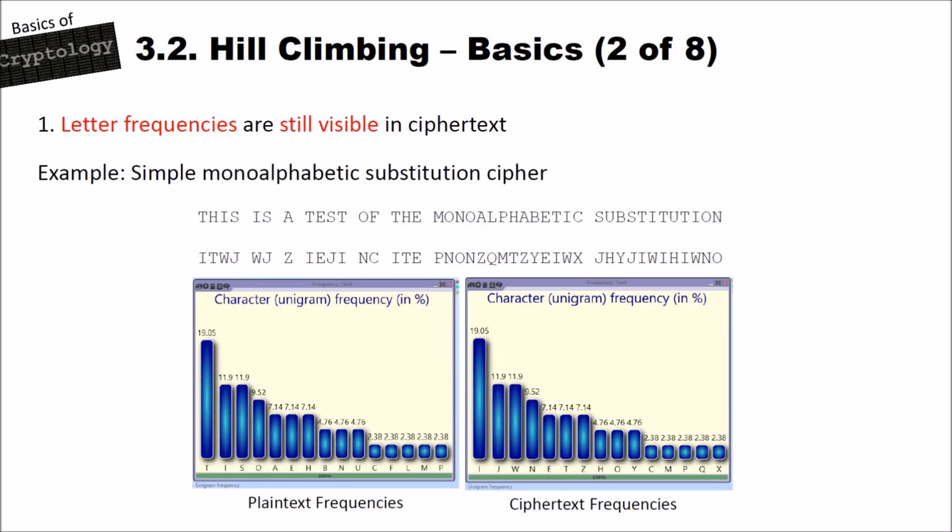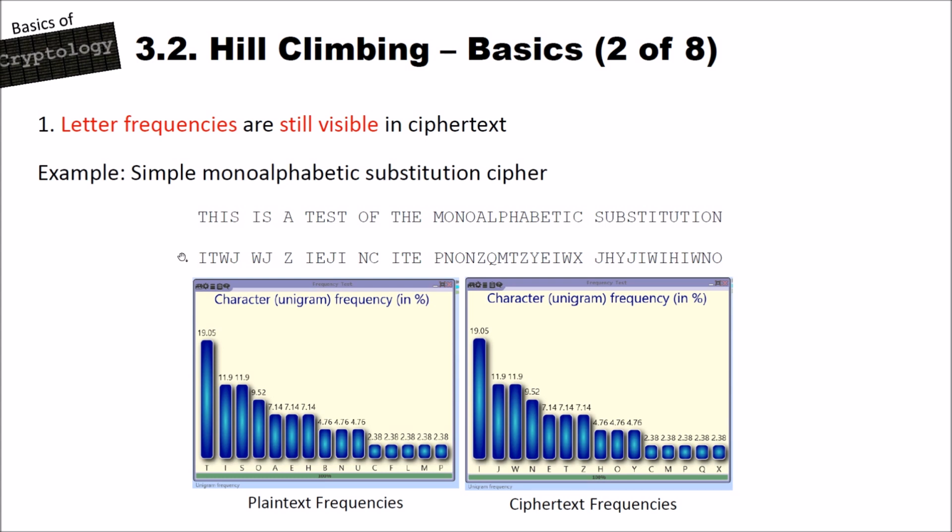So let's come to the first vulnerability, that letter frequencies are still visible in the ciphertext. When you saw my previous videos, you should know this. Here's an example of a simple monoalphabetic substitution cipher. Here we have the text "this is a test of the monoalphabetic substitution cipher", and then it's monoalphabetically substituted.